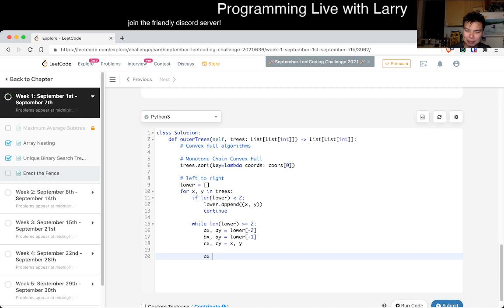Times bx plus bx times cy plus cx times ay, and then technically it's just over 2, I think. Wait, no, I forgot the other path. It's been a long time, so it's this, but it's minus bx times ay. Yeah, okay, that way.